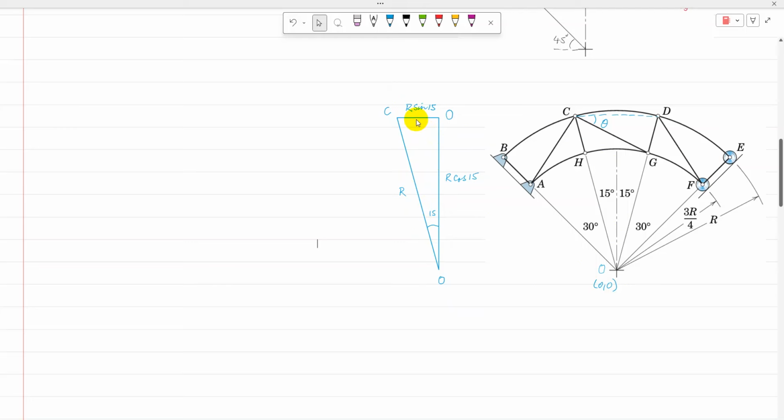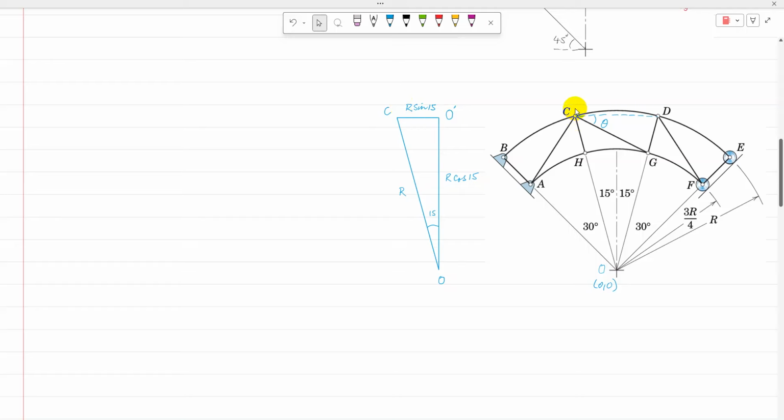So using sine 15 as opposite over hypotenuse, it is possible to find O'C. And similarly, using cosine 15, which is adjacent over hypotenuse, it is possible to find O'. So for this triangle, the vertical side is R cos 15, and the horizontal is R sine 15.